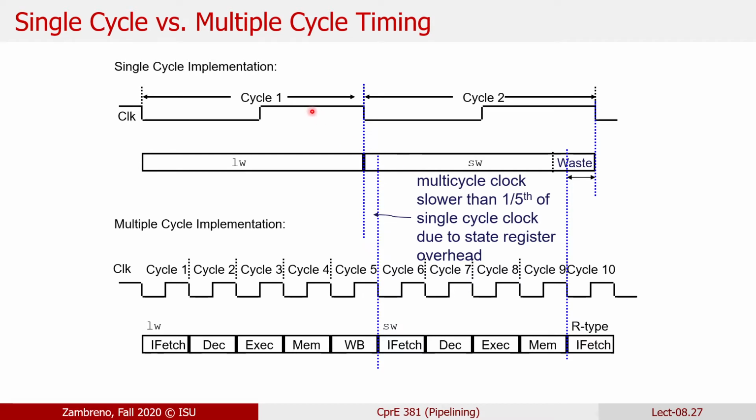In this case, as we compare the single cycle implementation's timing for just a pair of instructions versus the multi cycle, we see a bit of a mixed bag here, right? Again, the goal was we take our single long cycle due to the critical path of our load word instruction, and we partition it into multiple cycles relating to the 5 stages of our load word instruction.